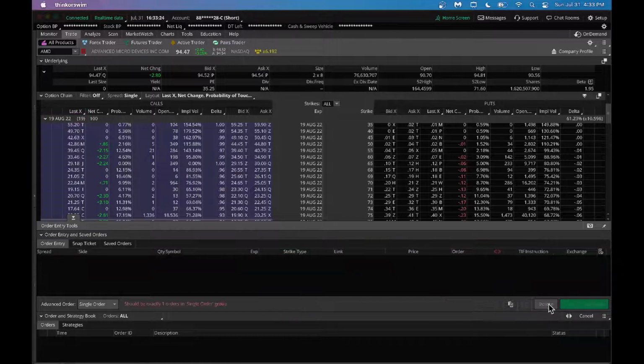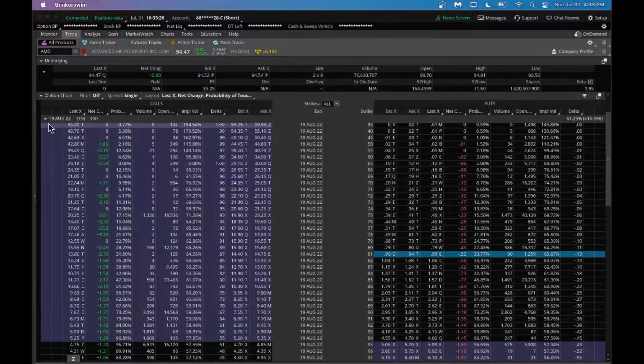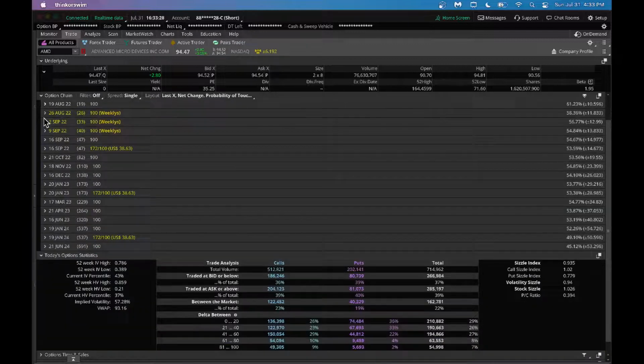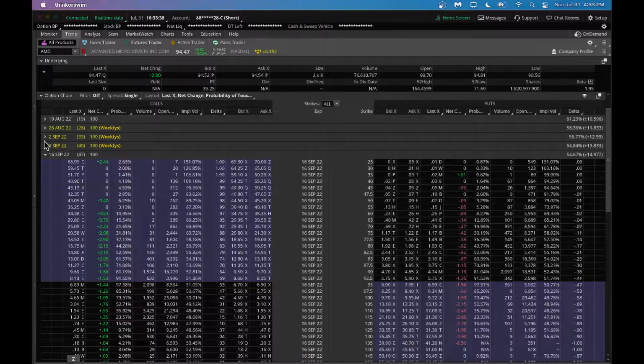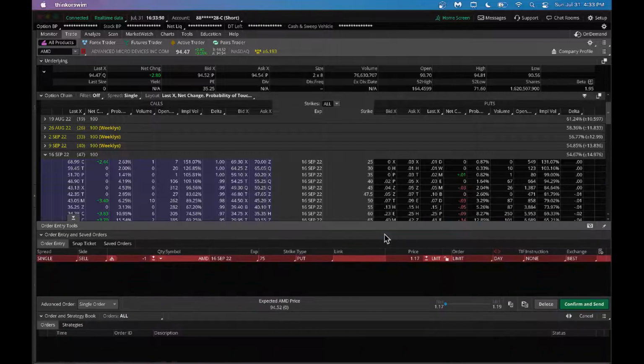So for the folks who want to sell a little bit longer term put options, you could also go a little more longer here. Look, we got a 47 day expiration date. It's a monthly expiration. Typically we have a little more dollar amount there and a little more volume. You could go at probability of touch around say 30% here and sell a put option right here and collect good money, $119.